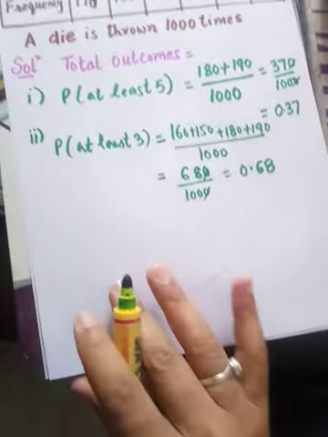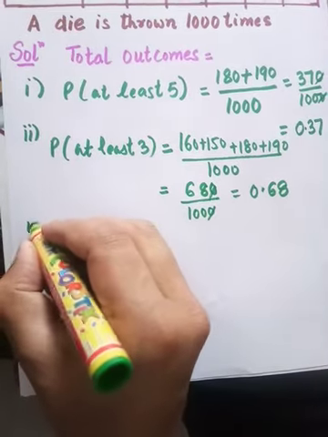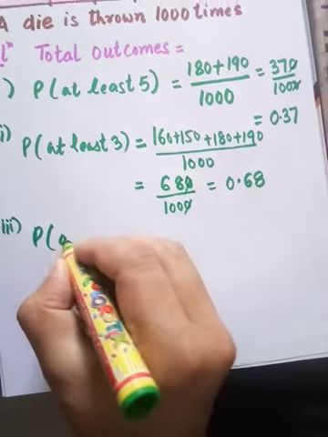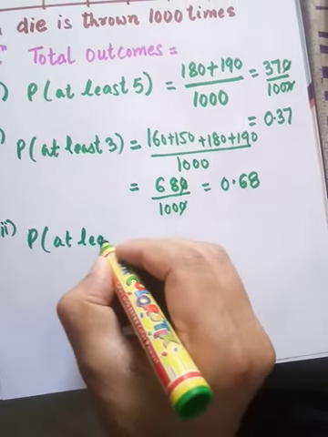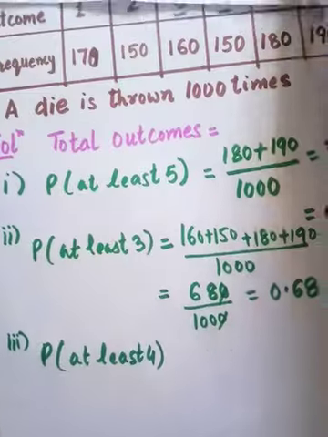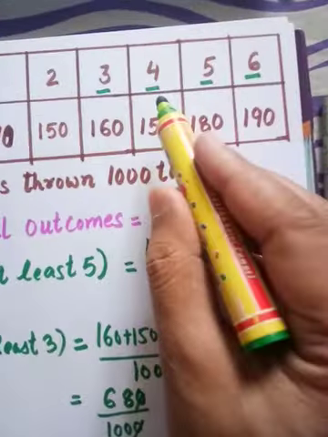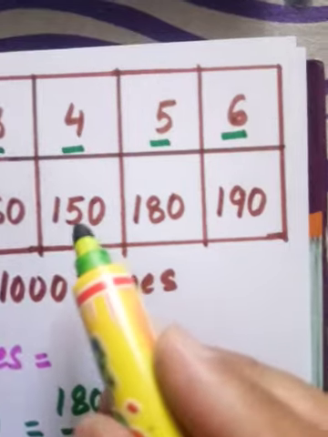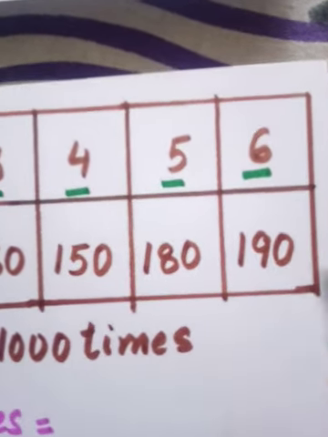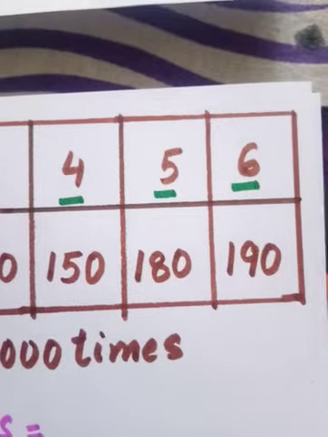Now next is at least 4. So I think you must have learned the trick. At least 4 means 4 should definitely come, and after that 5 and 6 can also be considered. So our favorable outcomes are 150 plus 180 plus 190. These are the 3 cases for us now.